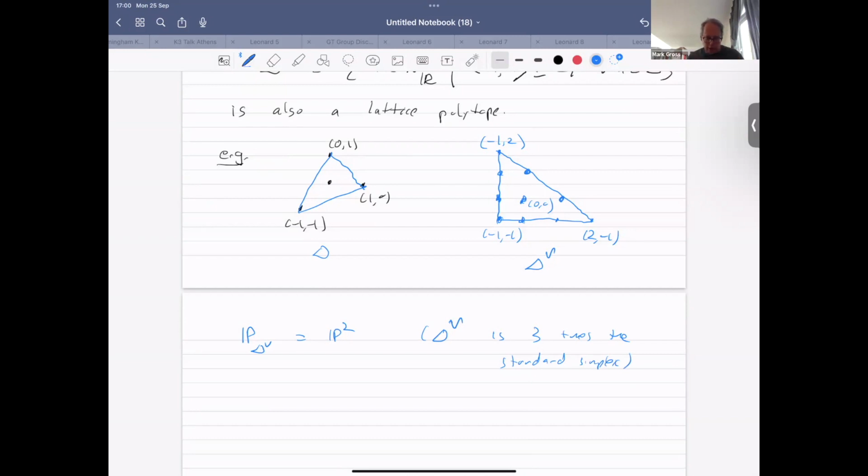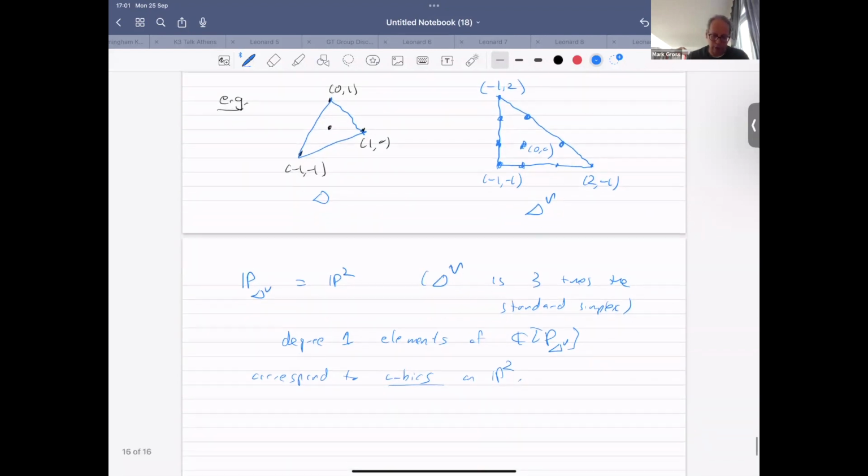But rescaling does change what you think of as being the degree 1 polynomials. So in this case, the degree 1 polynomials really correspond to cubic polynomials on P2. So degree 1 elements of C bracket P delta dual correspond to cubics on P2. And in particular, if you take a general polynomial in degree 1 elements, you get a general cubic, and that determines a smooth cubic curve in P2.